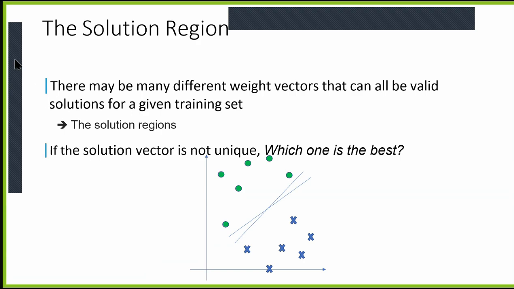There will be some variation between the test data and the training data. Let's assume that we somehow determine the best solution is this blue line.